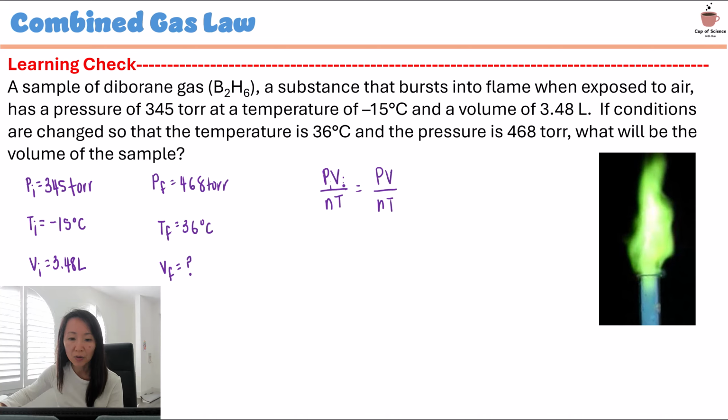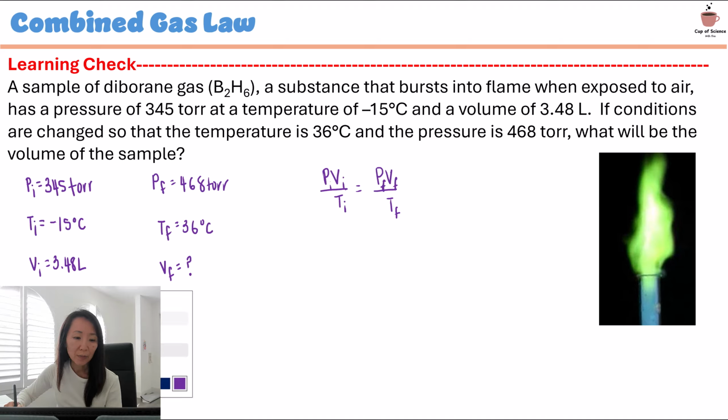And these are all initial here, and then on the right is all final. The initial number of moles and the final number of moles are the same, so we can take that out. So now I'm left with just these.